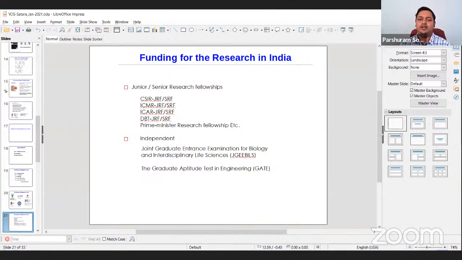This program is organized by the Uchchatar Shiksha Abhiyan, and the aim is that students should get exposure to more and more research. This is a good initiative by your college and institute, so keep doing this. Yes, sir.